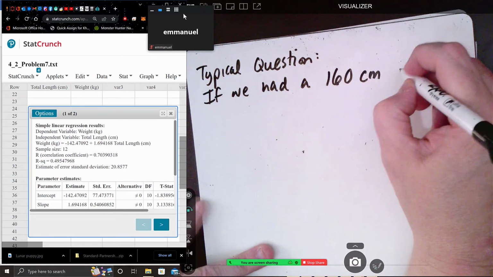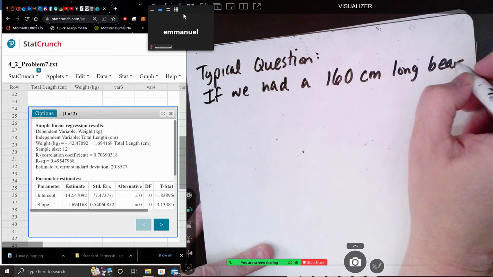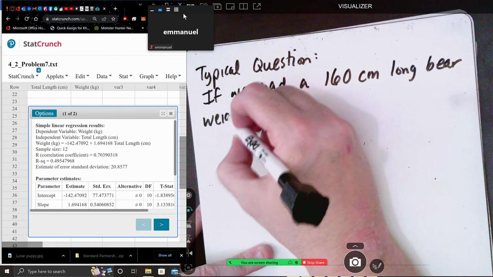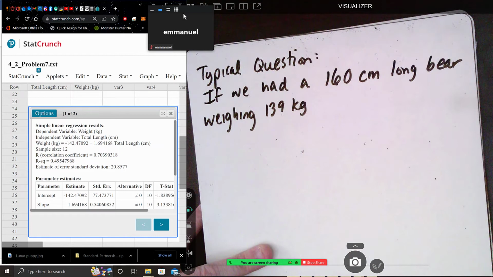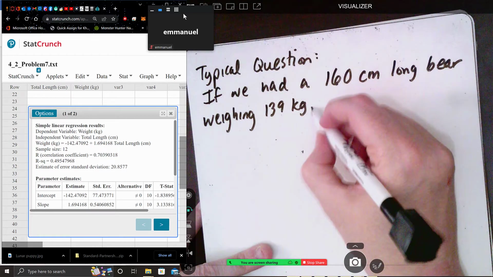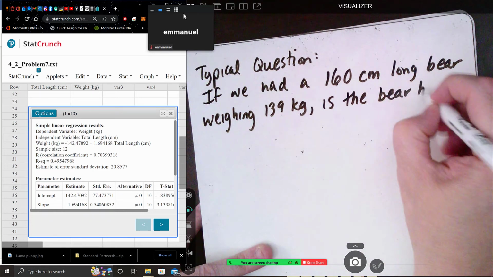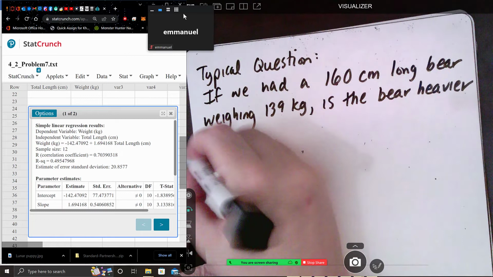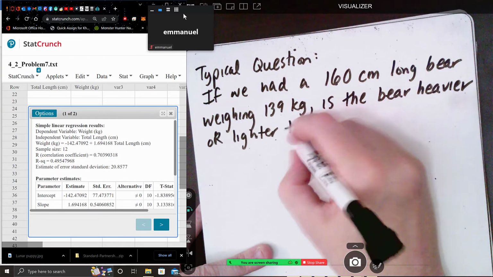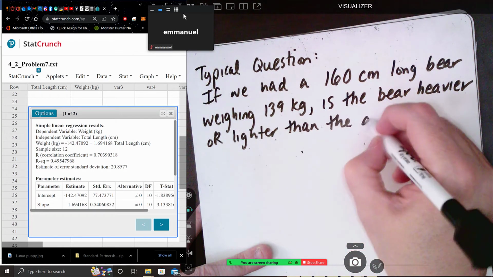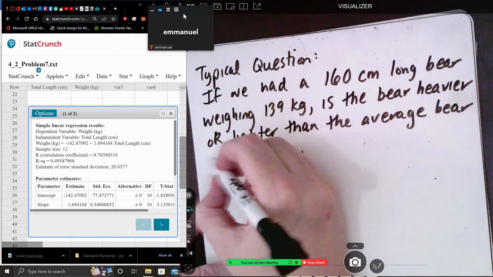If we had a 160 centimeter long bear weighing 139 kilograms, is the bear heavier or lighter than the average bear of similar lengths?